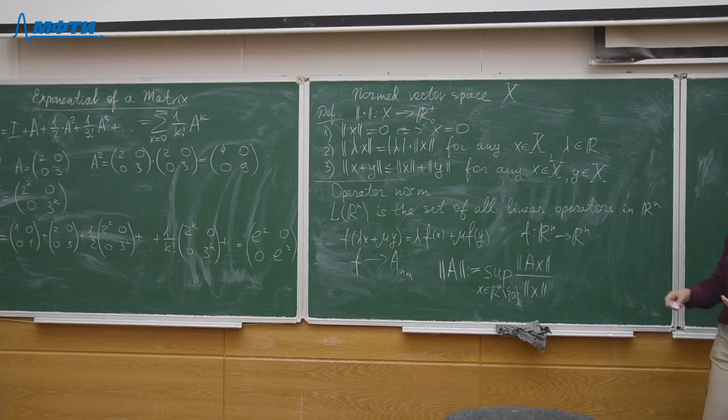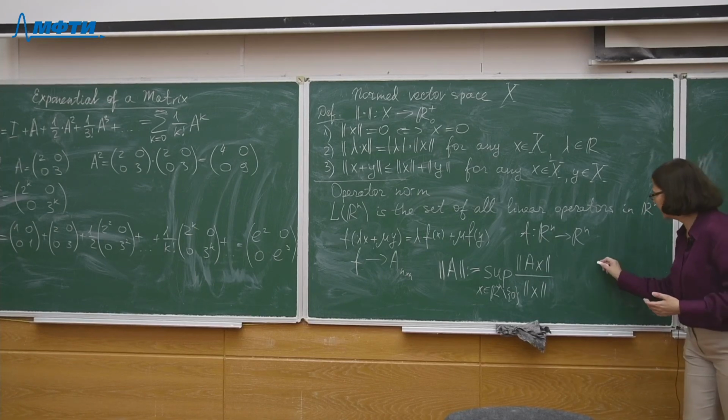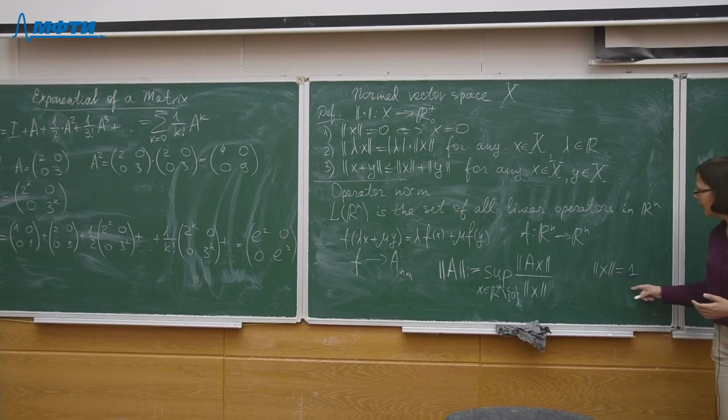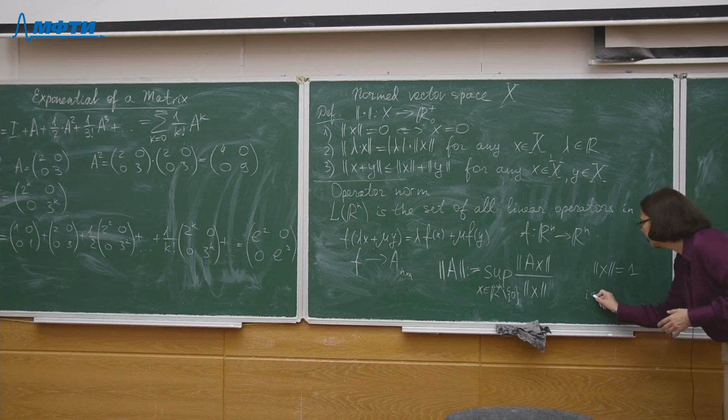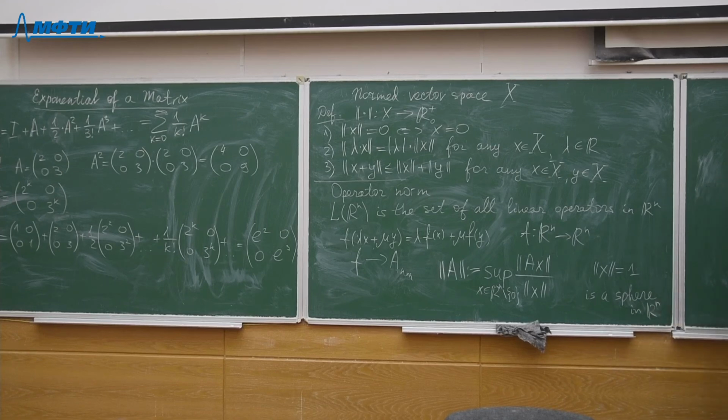So if we consider all the vectors of norm 1, so all the vectors such that the norm of x is 1, this is a sphere in Rn. It is a compact set.